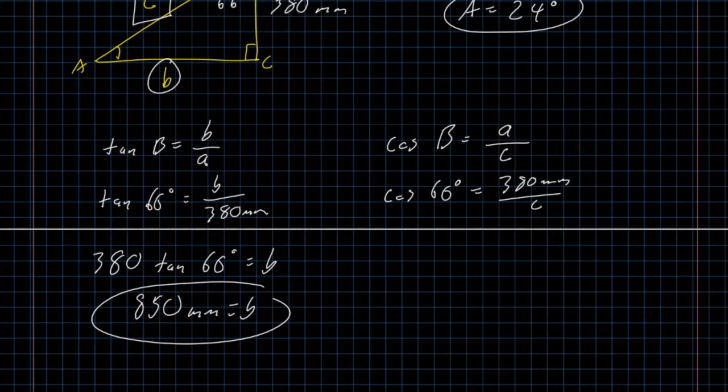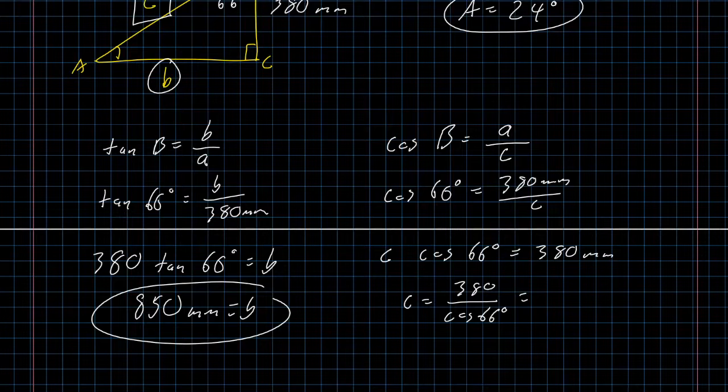Multiply both sides of the equation by C. It looks a little bit goofy. C times the cosine of 66 degrees is equal to 380 millimeters. Then get C by itself by dividing, and we get that C is 380 divided by the cosine of 66.